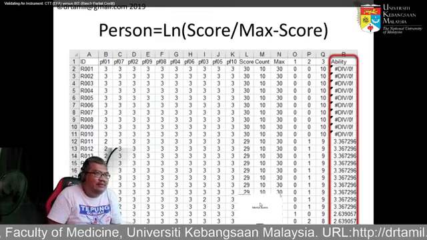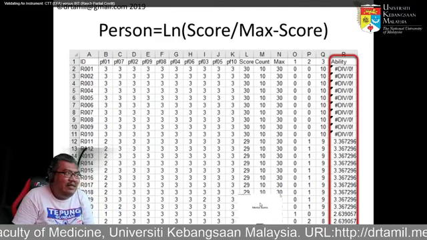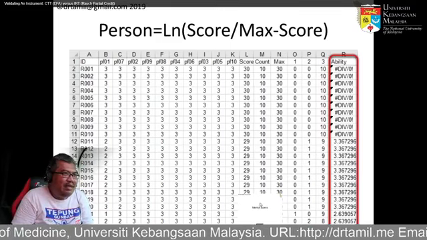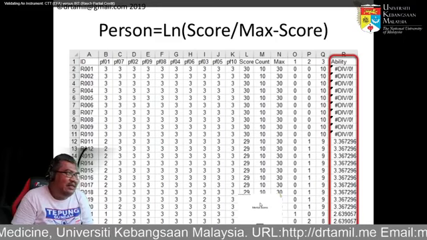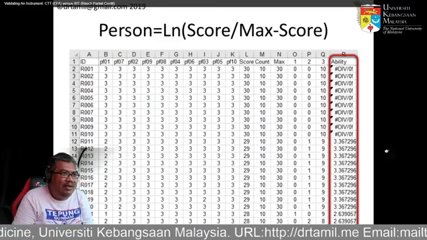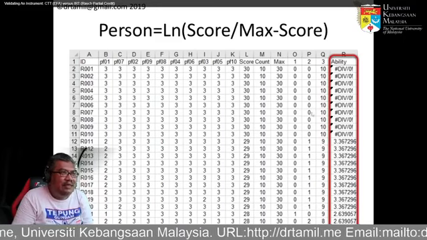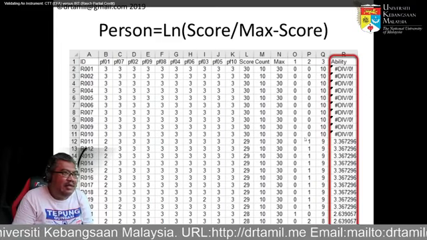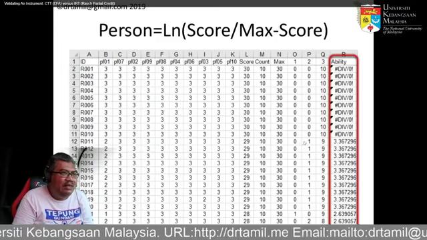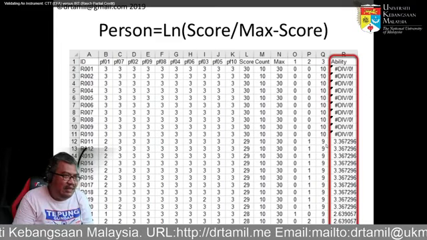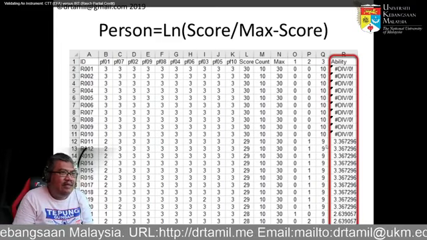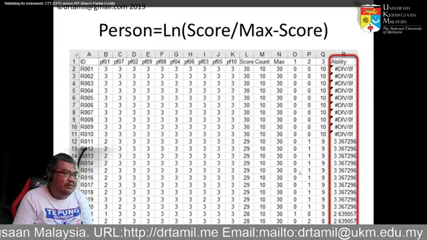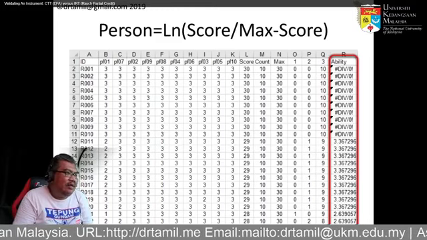For Rasch, the same way as we did with dichotomous, how they measure the marks is based on logit. You can see here, they look at how many you answered 1, how many you answered 2, how many you answered 3. Then they come up with the logit. The formula looks like this.